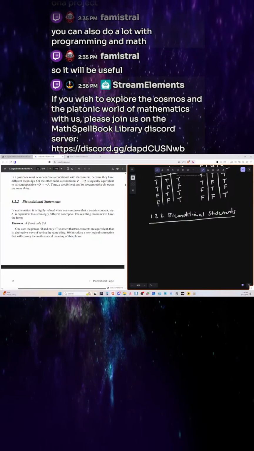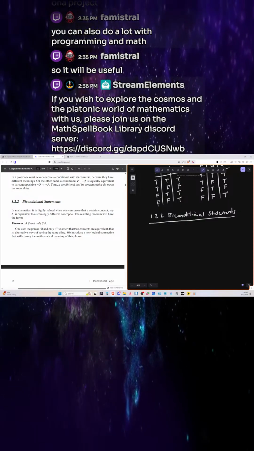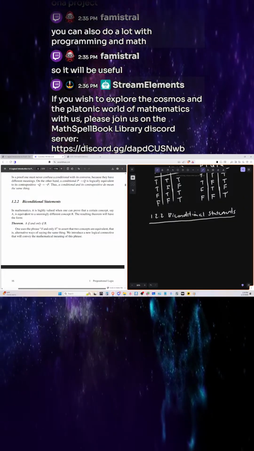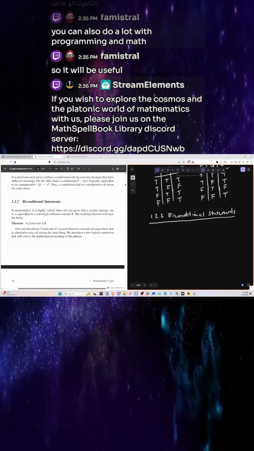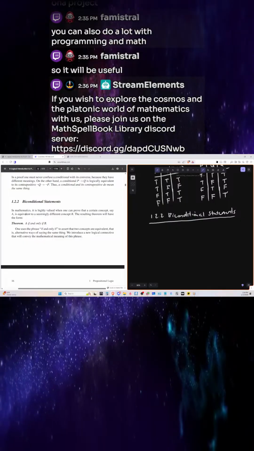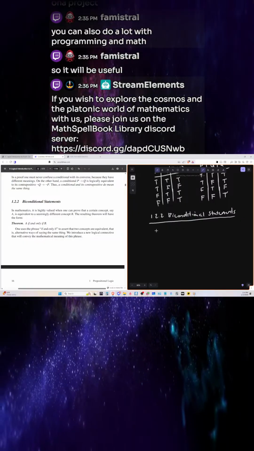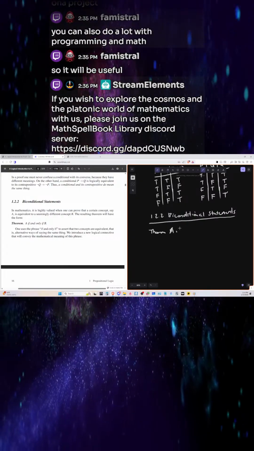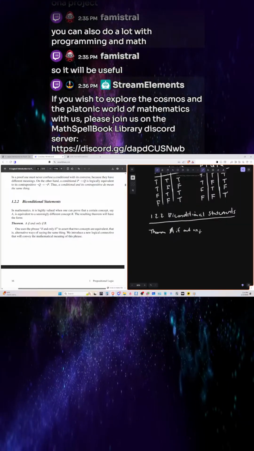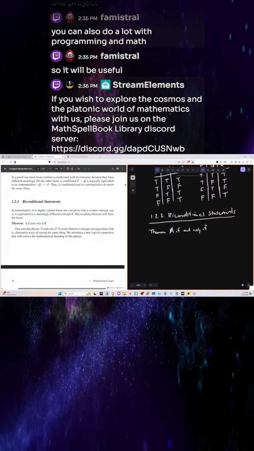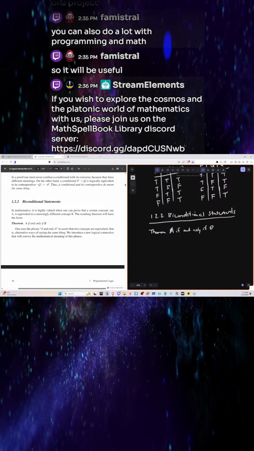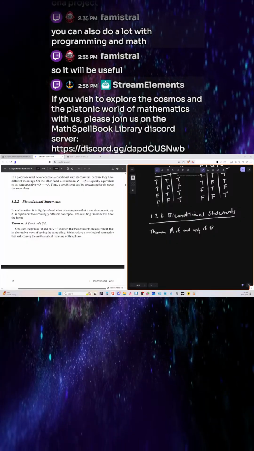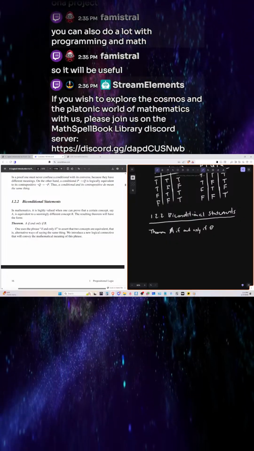Let's see, in mathematics it is highly valued when one can prove that a certain concept, say A, is equivalent to a seemingly different concept B. The resulting theorem will have the form A if and only if B. One uses the phrase if and only if to assert that two concepts are equivalent, that is, alternative ways of saying the same thing.